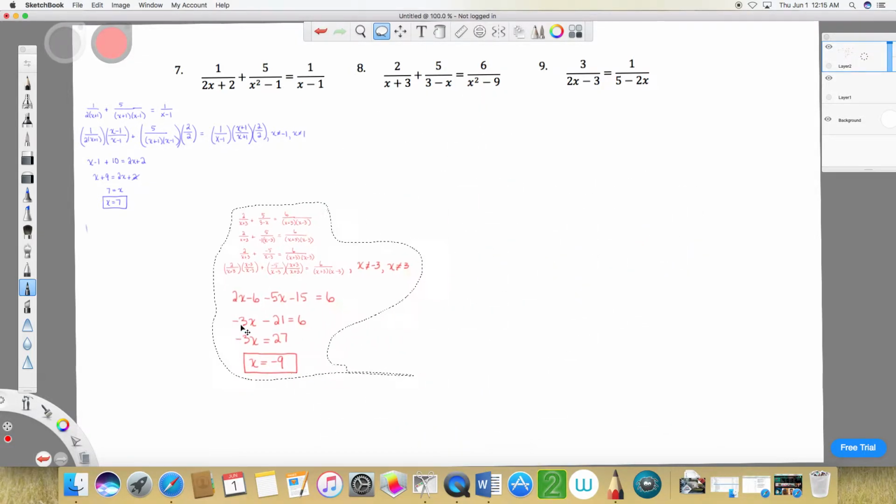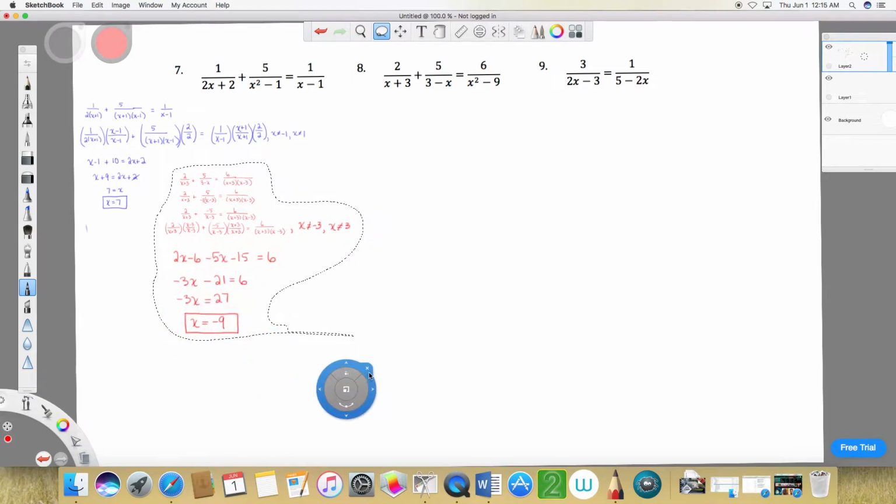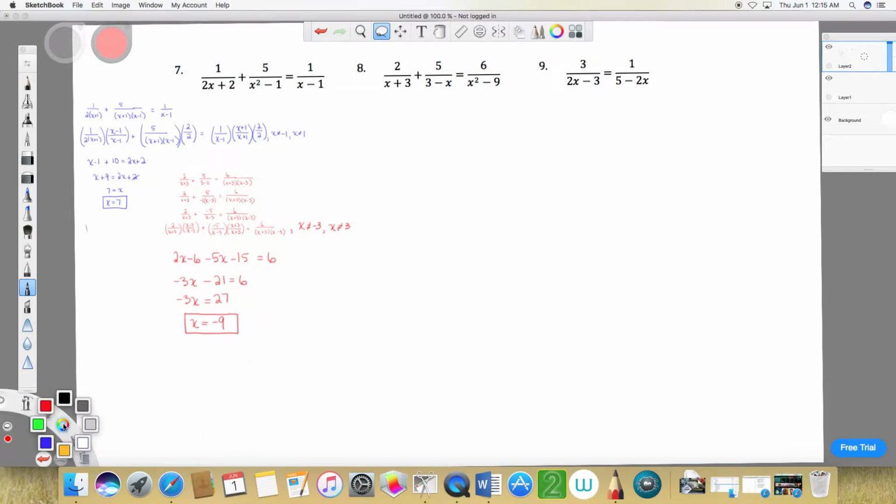Yeah, move that out of the way. All right. So if we look at that now, I don't have to do it in this case, but it's just a common habit. I like to write things in standard form. I like to have these leading coefficients be a positive value.